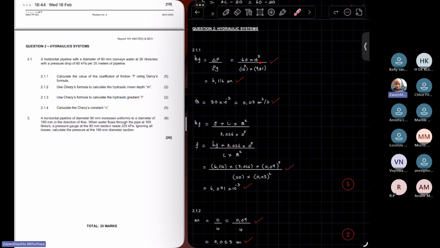If it's not given, you assume it's 1,000 kilograms per cubic meter. And then G for Mechanics, on all levels, is 9.81. And then we get 6.116 meters. That becomes our HF, which then means that now in Darcy's formula we only have one unknown, which is F.